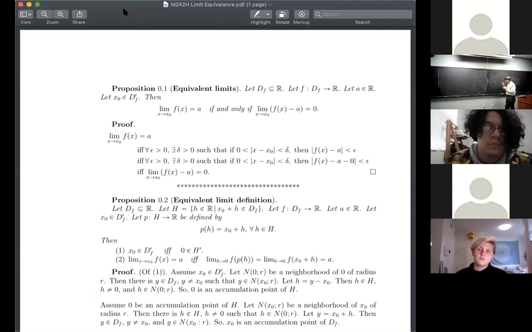Well, the problem is I've got domain problems. The function's only defined in certain places. If my domain is like this and my x is picked out here, then the h is going to be too big. I have to be careful with the domain of the function and getting close.